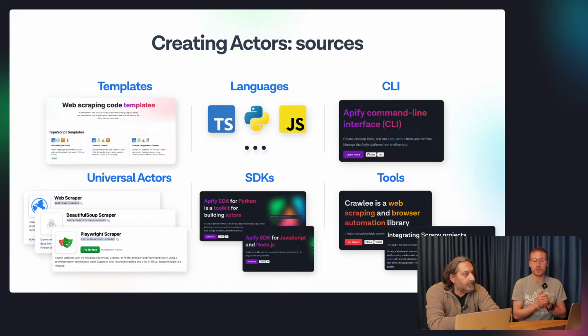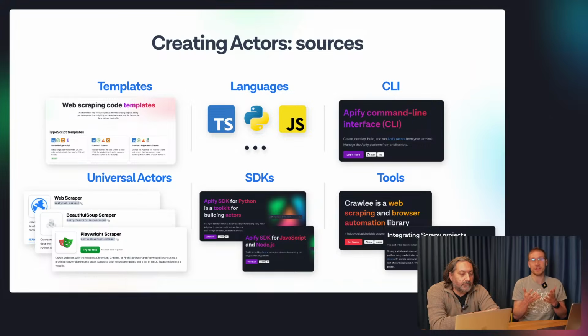When you are choosing your language, you are not limited to basically anything. You can use any language that you can build in Docker, because each actor has a Docker image associated. That being said, most of the actors are in TypeScript or Python, or JavaScript, which technically is similar to TypeScript, right?